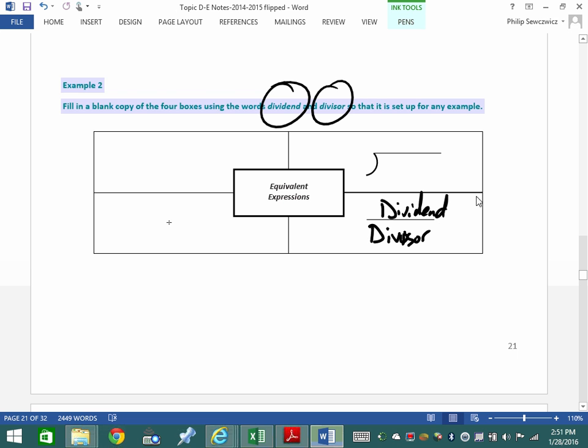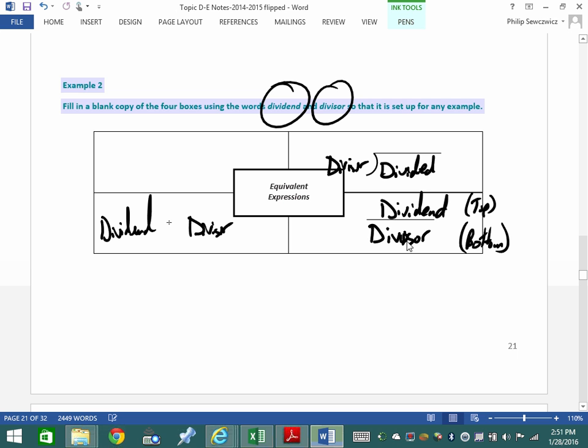The dividend is always the top number, and the divisor is always the bottom number. It's the same thing as writing from left to right: take your dividend and divide it by your divisor. Whatever you're dividing by, that's your divisor. So your divisor goes on the outside, and your dividend goes on the inside.